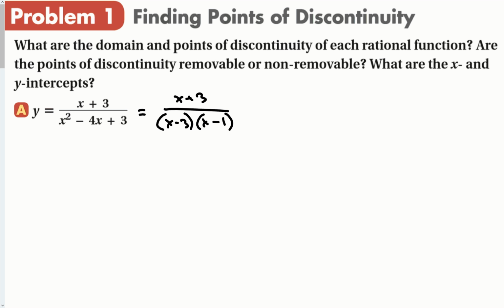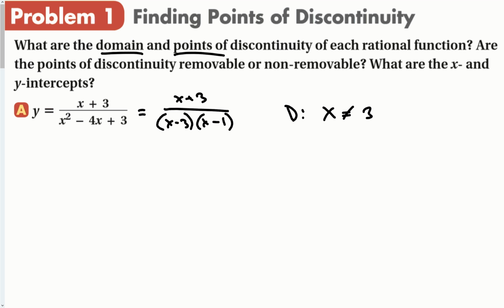Okay, so now just by looking at this, I can tell a few things. The domain and points of discontinuity. The domain of any rational function is all real numbers except for the stuff that makes the denominator equal to 0. So the domain of this is going to be that x is not equal to anything that makes the denominator equal to 0.